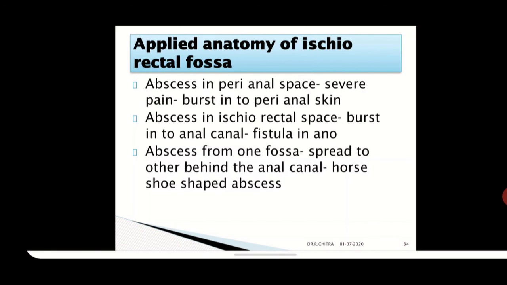After that, divisions of the ischiorectal fossa, contents, and the pudendal canal also we saw in detail. And lastly, the importance of this ischiorectal fossa. This is an important topic in the perineum. Okay, in the next class we will see the urogenital triangle.